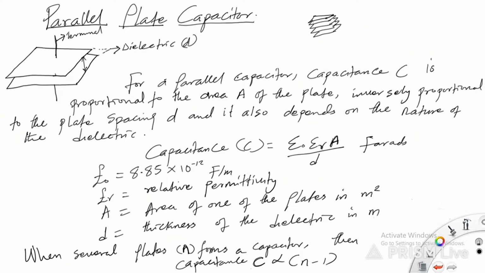let's say positive, this is negative, let's say polarized, and every space separated here is dielectric. So we have multiple plates. The capacitance C is proportional to what? N minus 1. So capacitance C is equal to what?